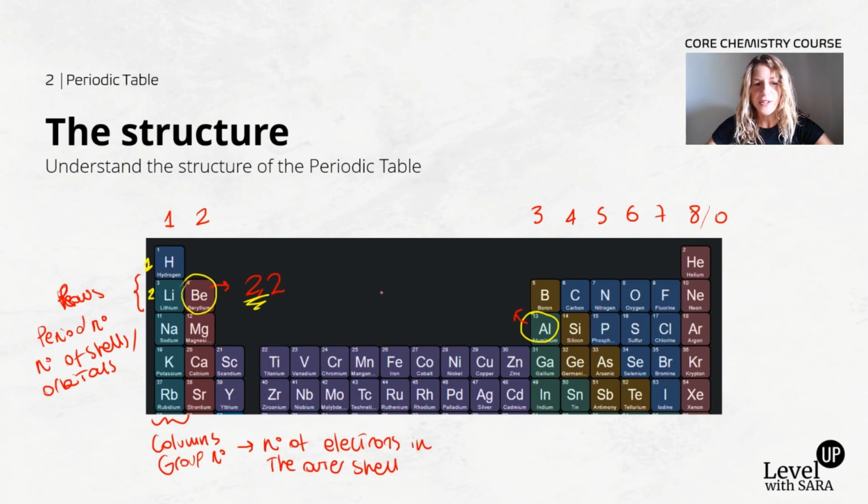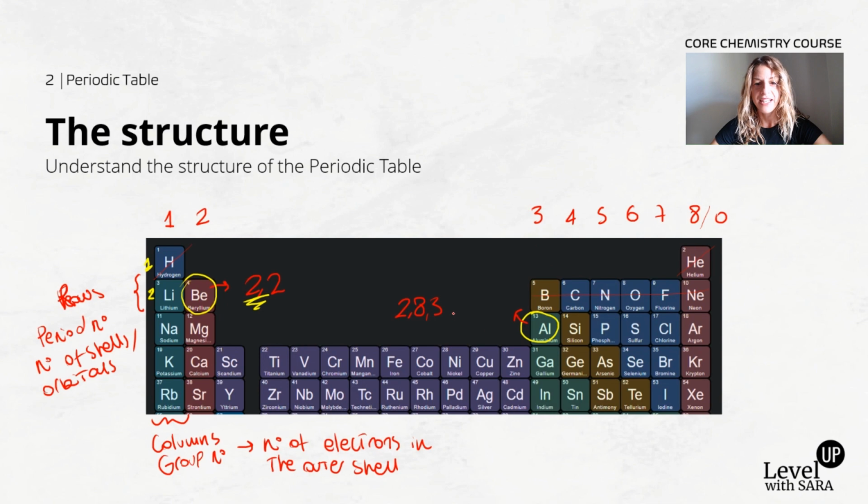So notice how we have 2 electrons or 2 boxes in the first row of the periodic table, which corresponds to the 2 electrons in the first shell. Then how many do we have maximum in the second shell? We have 8. And how many do we have in the third? Well, we have group 3, so 3 electrons.